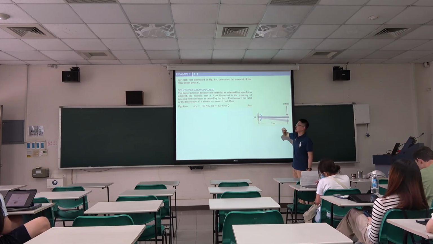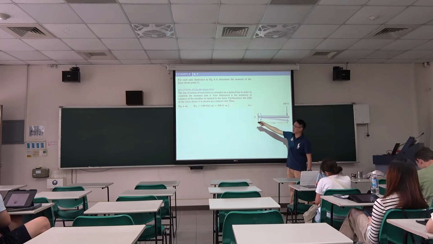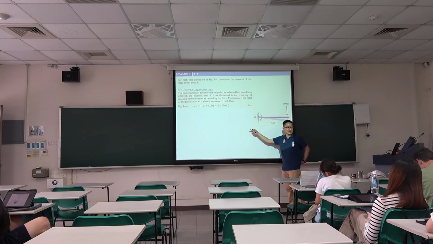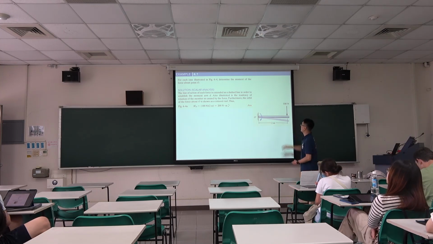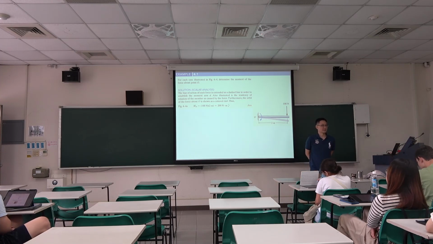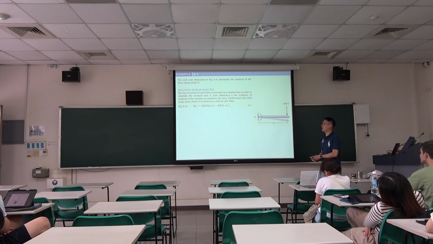Oh sorry, it's not positive, it's negative. Clockwise is negative. But if we show the direction, we don't need to show positive or negative. We always use positive because we show the direction. So 100 times 2 gives a clockwise moment of 200 Newton meter. Very simple application.